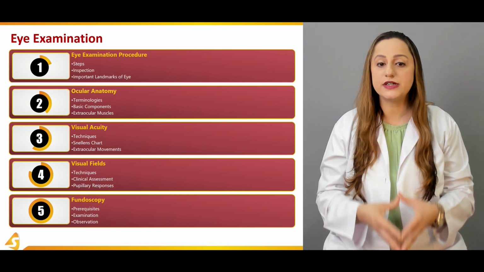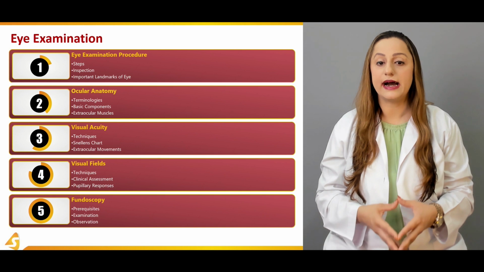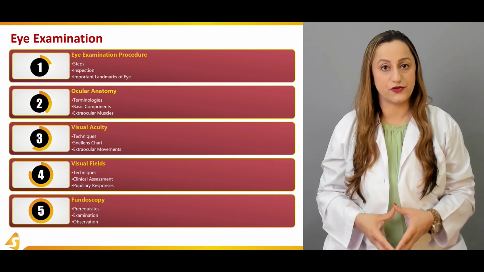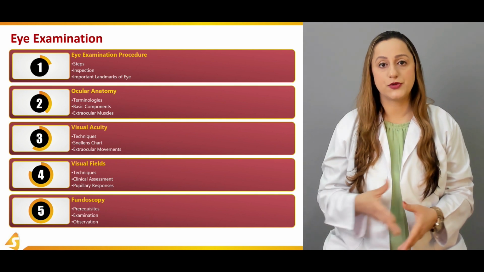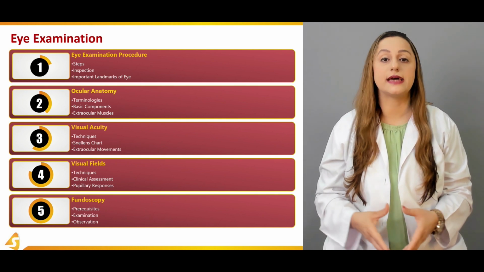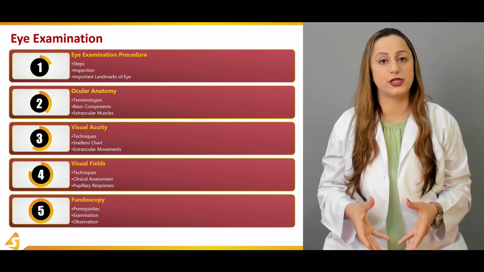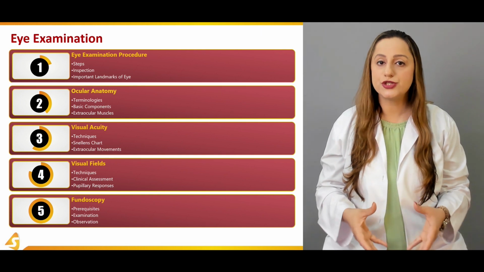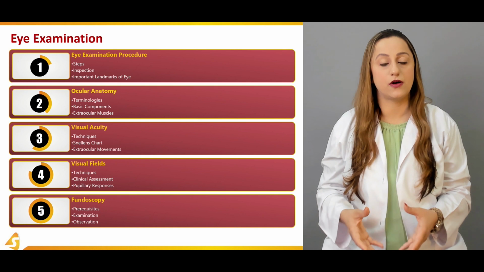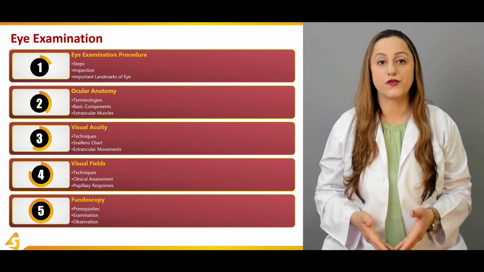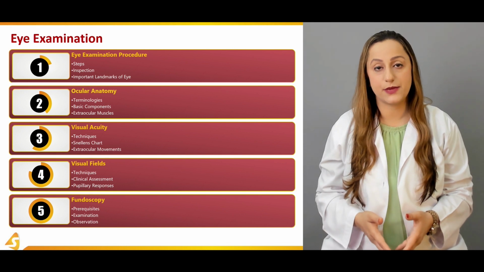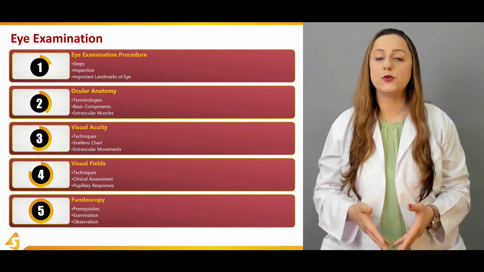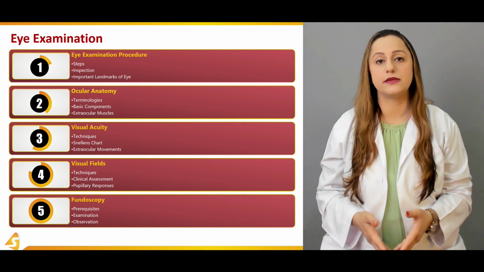In the very first section, we'll be discussing the eye examination procedure in general. The steps of the eye examination procedure will be discussed here, starting from the inspection of the patient. First of all, you're going to introduce yourself to the patient, and then you're going to start with the inspection of the eyeball. It's the first and the major step of the eye examination, and then we'll move on to the important landmarks of the eye.